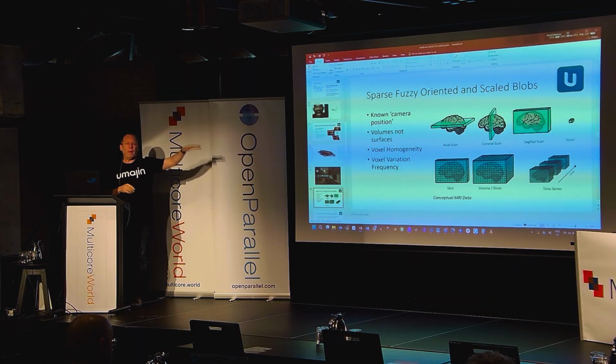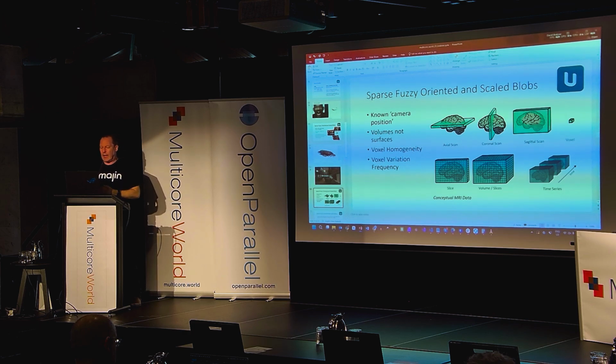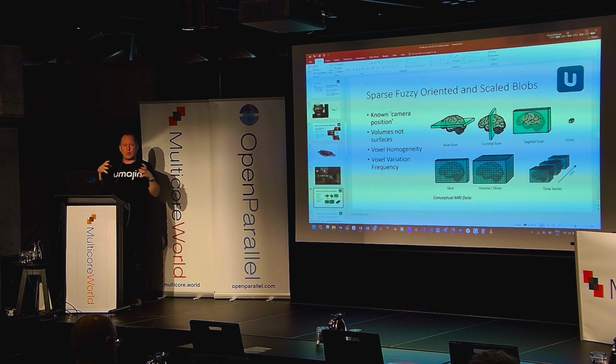We are manually, mechanically scanning, in this case, the brain. And what we actually find in looking at MRIs is there's a huge amount of homogeneity between voxels in a scan. Really what you want to do is preserve the high frequency information, and in the areas where the voxels are the same, you'd like to get rid of that information, or you'd like to compress that information.